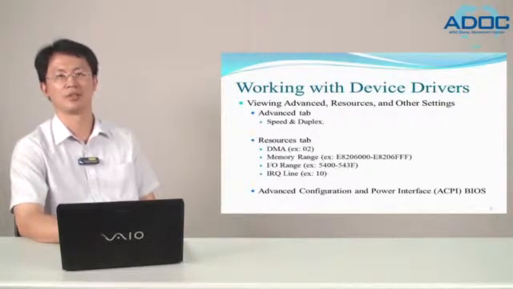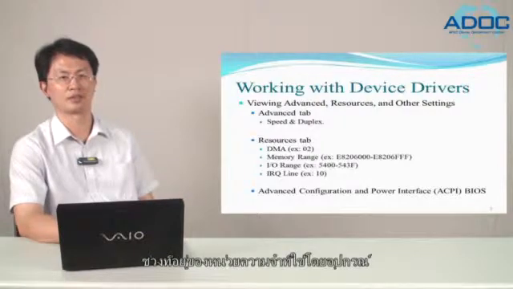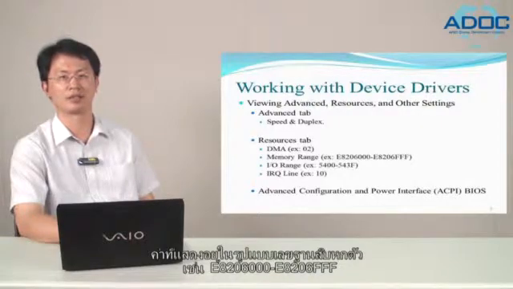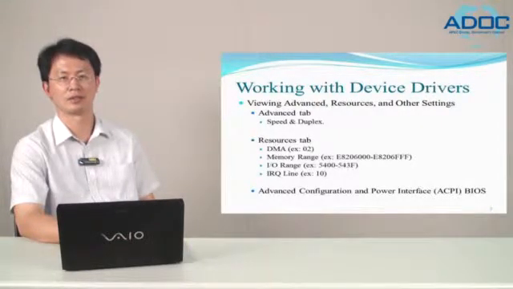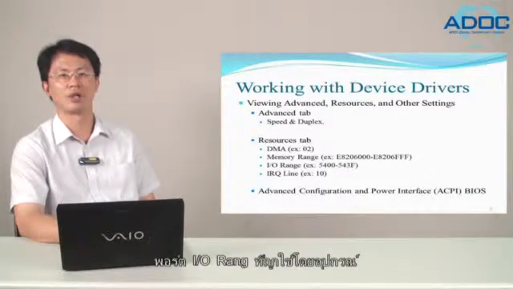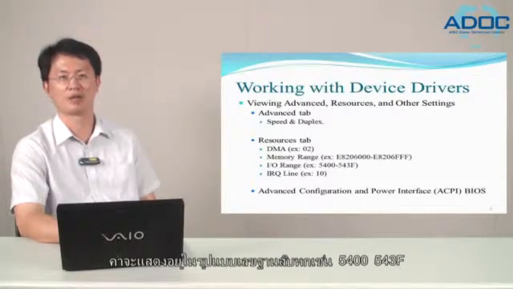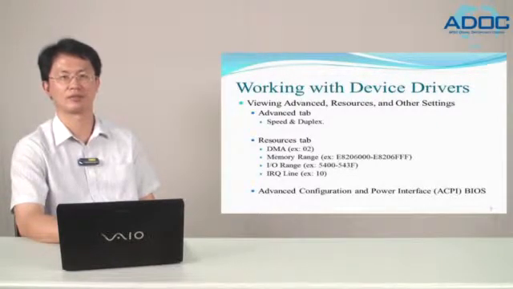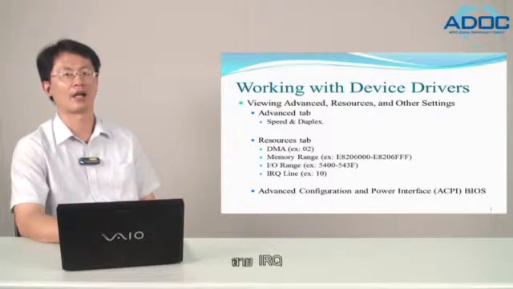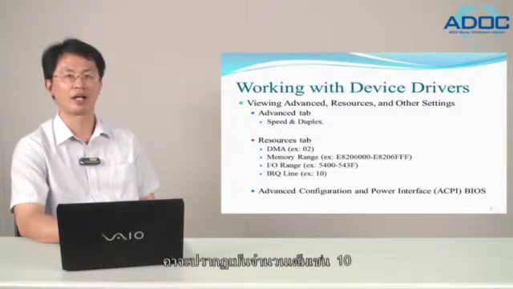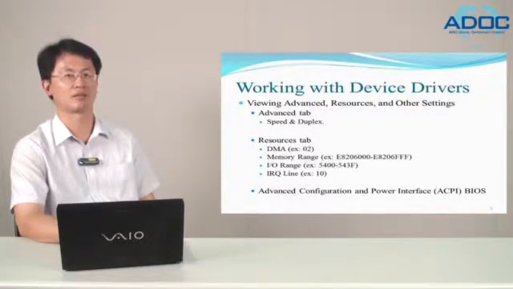Memory range: the range of memory addresses used by the device. Values are shown in hexadecimal format, such as this. I/O range: the range of the I/O ports used by the device. Values are shown in hexadecimal format, such as this. And IRQ line: an IRQ line used by the device. Values are shown as integers, such as 10.